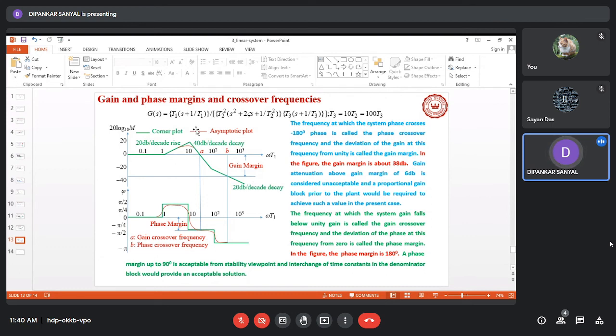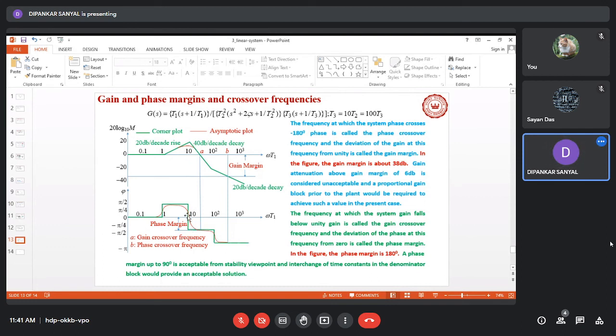And similarly in the gain part for the numerator we get a phase lead by pi by 2, and then a phase lag by pi, and finally for the first order denominator term we get another lag by pi by 2.